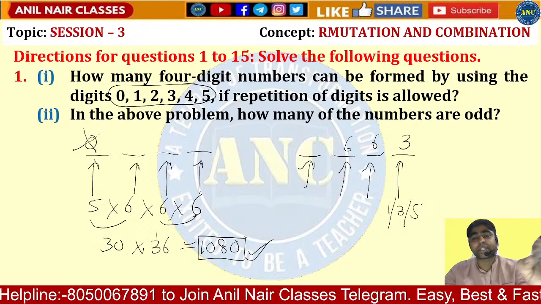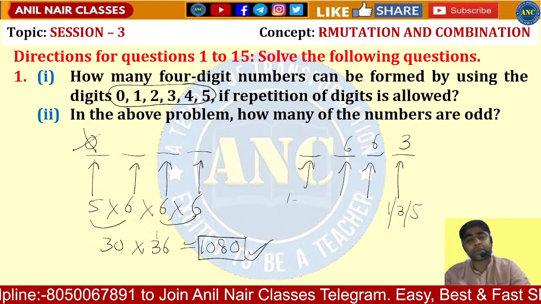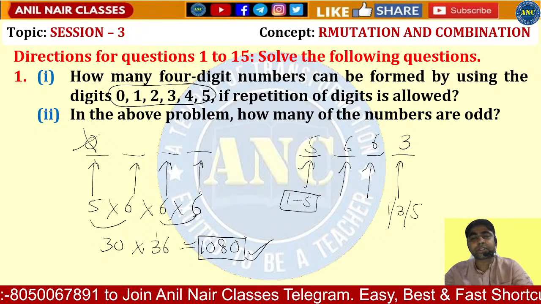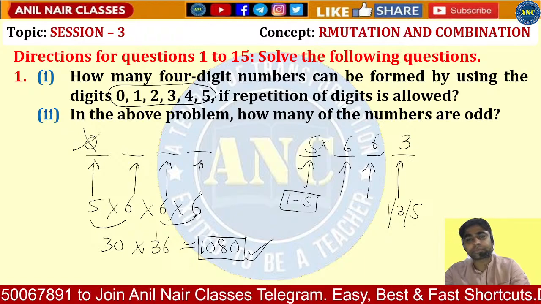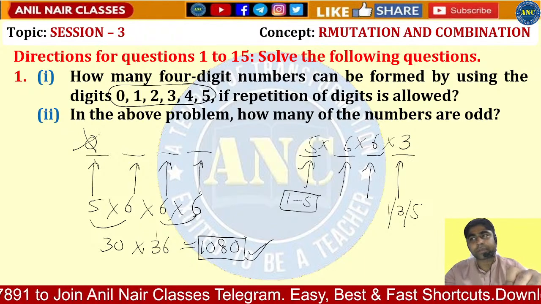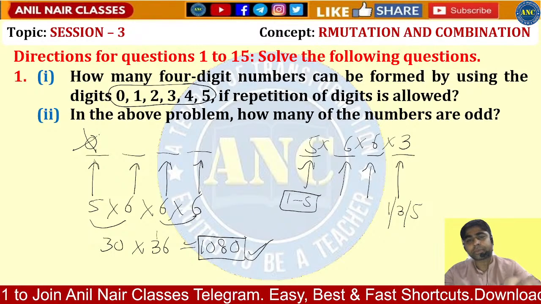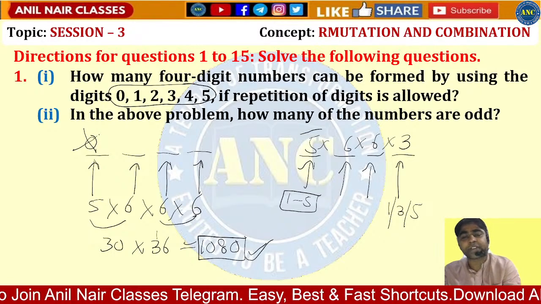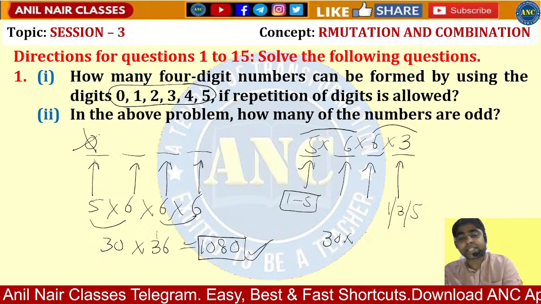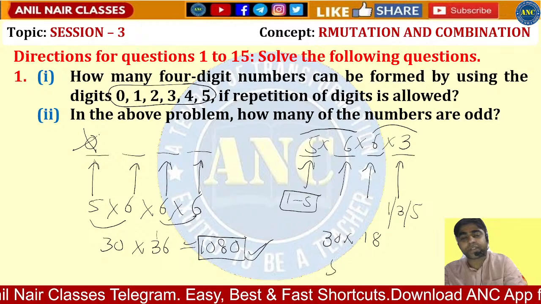I cannot keep a 0 here. I can keep 1 to 5, any of these 5. So this would become my answer. So 5 6s are 30, 6 3s are 18. So the answer would be 540.